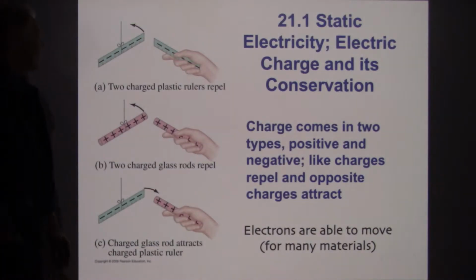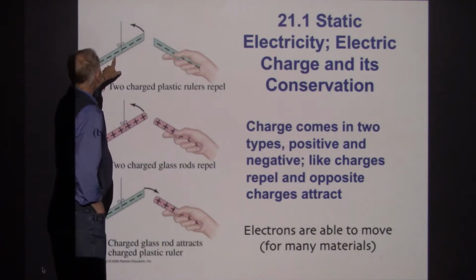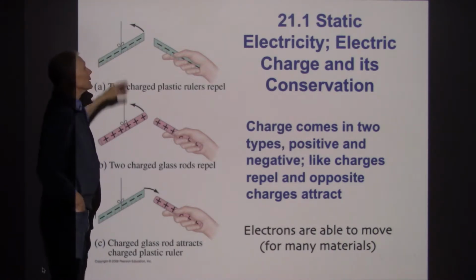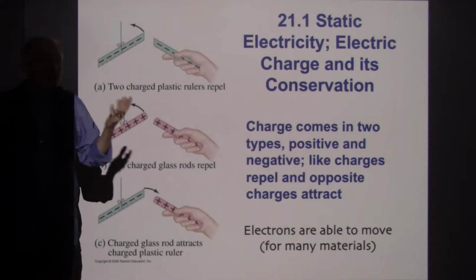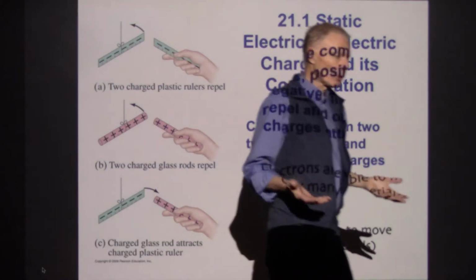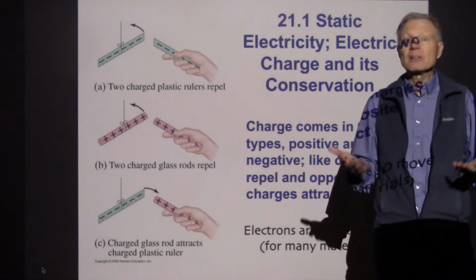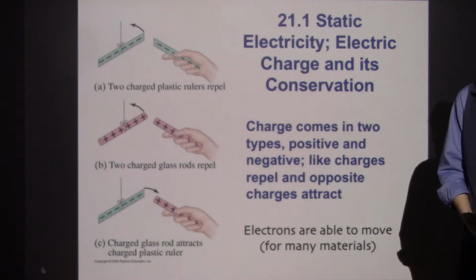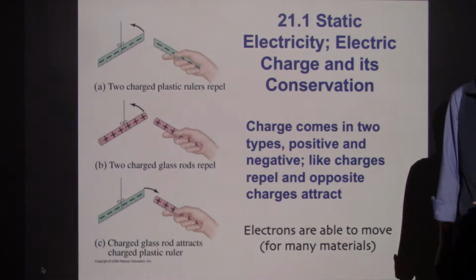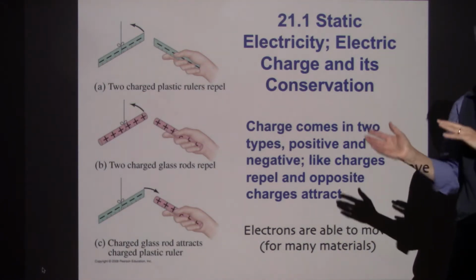All right, here's another couple of examples. Let's say that we've got this ruler. It's been charged negatively, which means it has extra electrons. Most materials around us we think of as being very close to electrically neutral, meaning that the number of electrons more or less matches the number of protons.